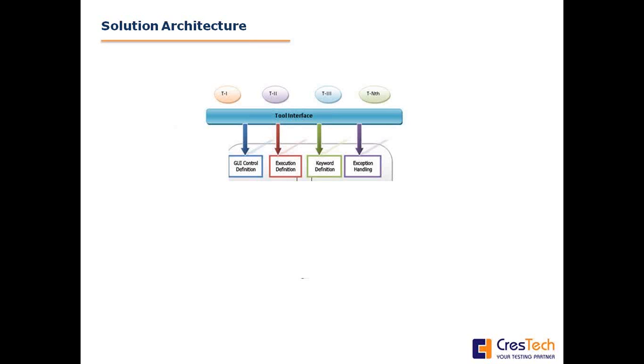Second is the execution definition. Again, each automation tool differs in its methodology of executing these scripts. So for example, Selenium injects JavaScript in the web application for execution purposes, while Watir creates an object of the browser.